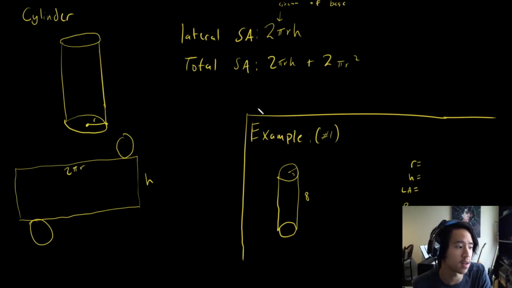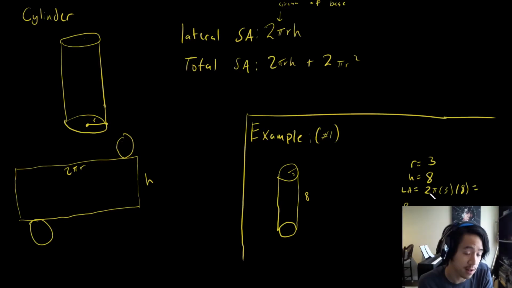It's going to be number 1 in your notes. So the radius of the circle is 3. The height of the cylinder, that's h, is going to be 8. And LA is going to stand for the lateral area. So it's going to be 2 times pi times r, which is 3, times h, which is 8.